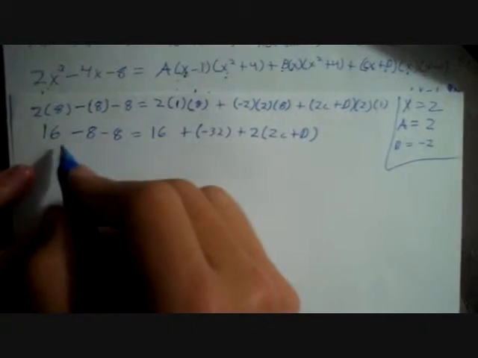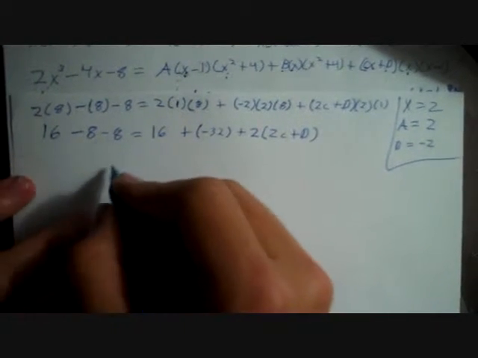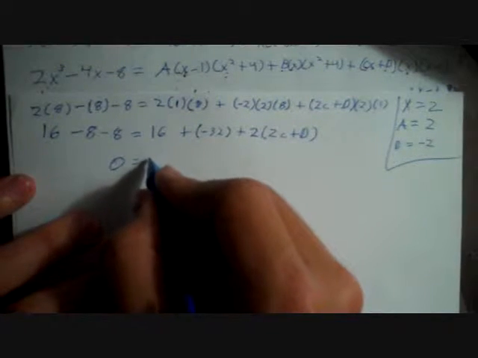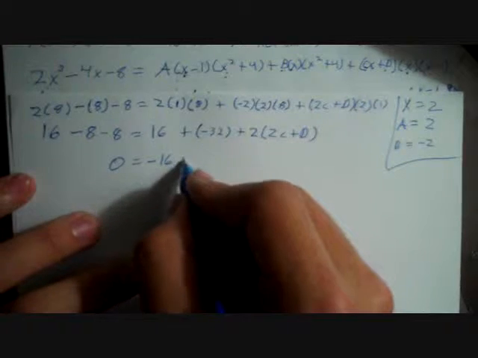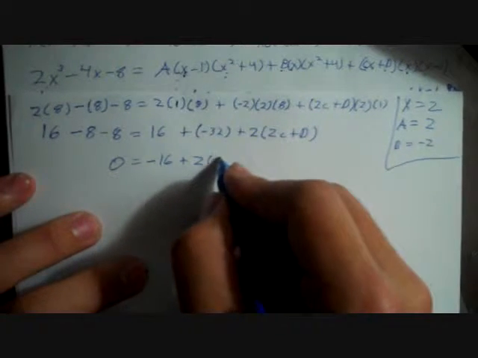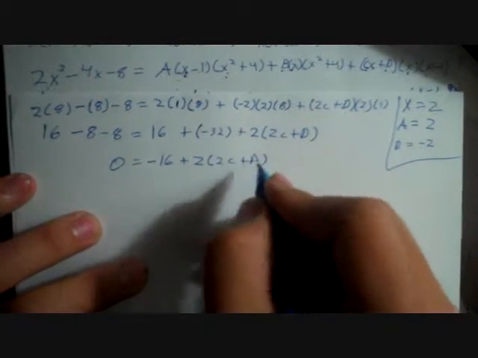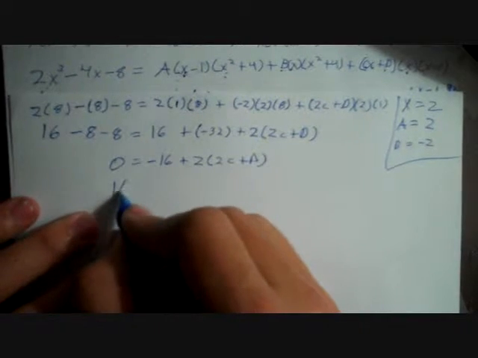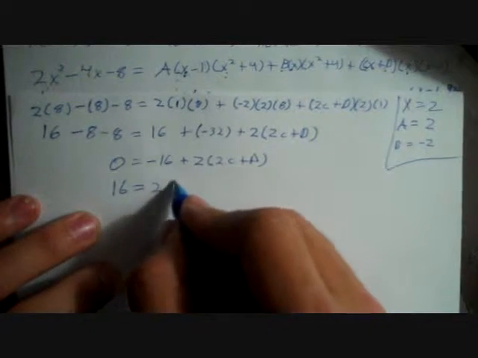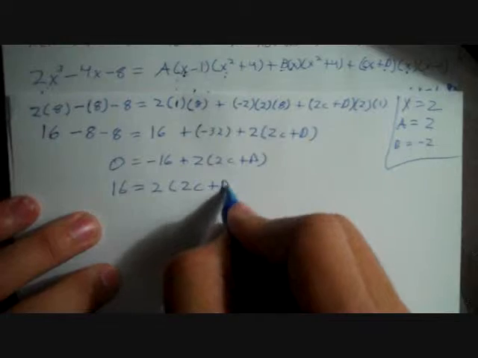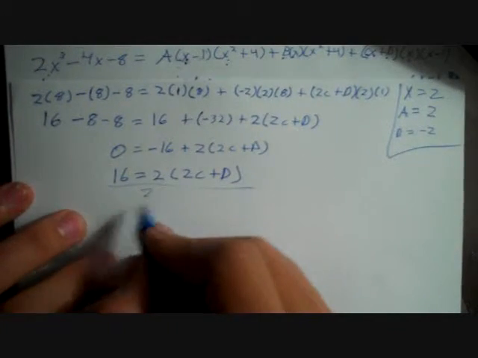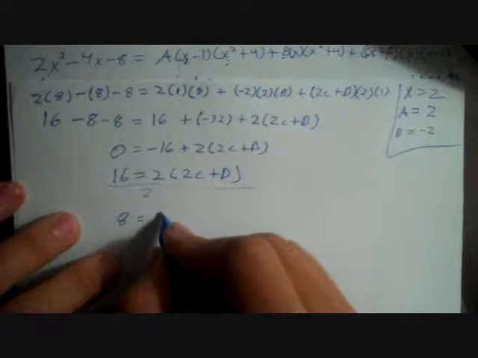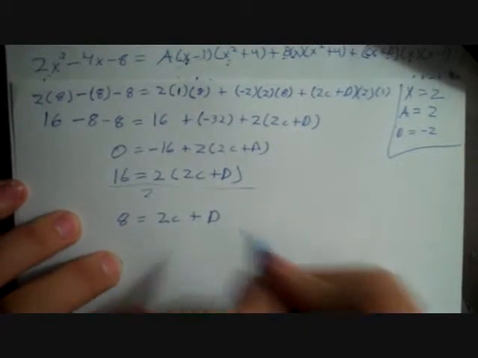Alright, and let's try to combine this again. So 16 minus 8, that's 0, equals 16 minus 32, that's negative 16, plus 2 times 2c plus d. So let's move 16 over, so we have 16 equals 2 times 2c plus d. And so let's divide both sides by 2. So we have 8 equals 2c plus d.